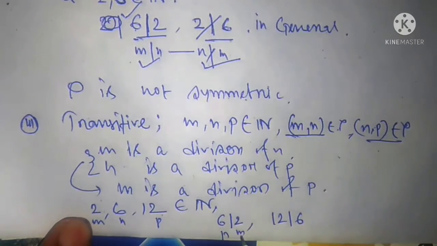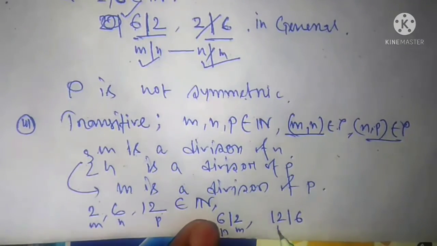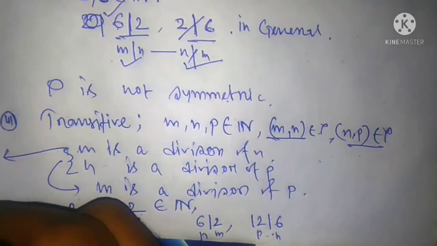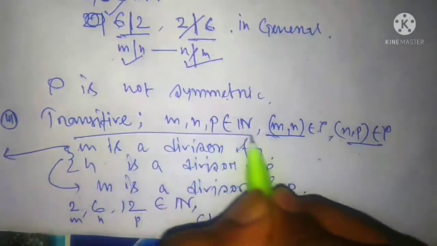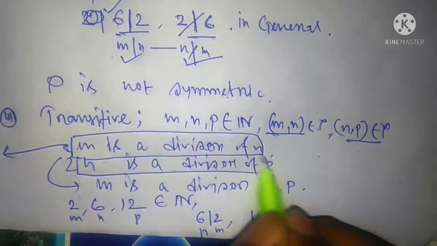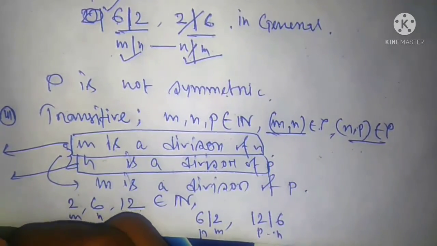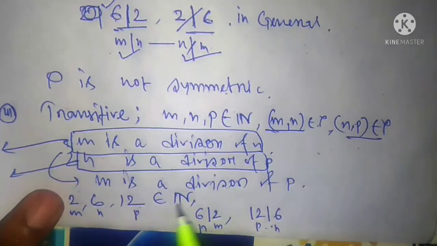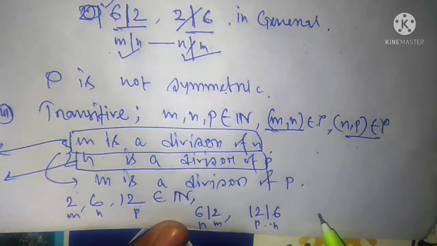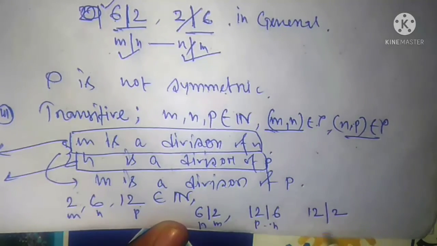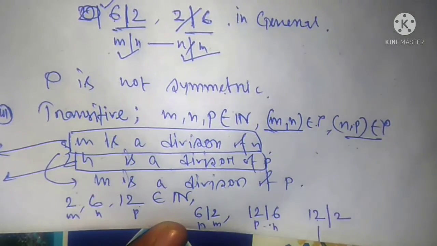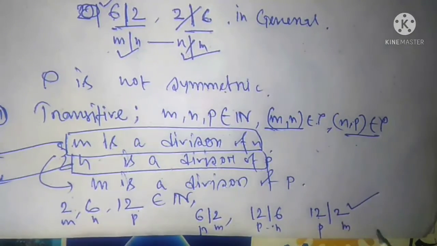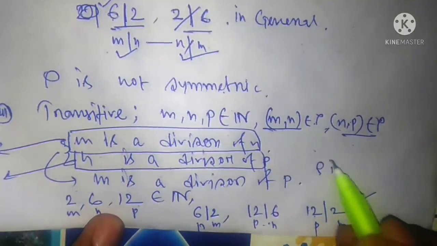Divisor and divides are not the same. Okay, so now we have to show that 2 divides 12, that is, m divides p. So this is true. So rho is transitive.